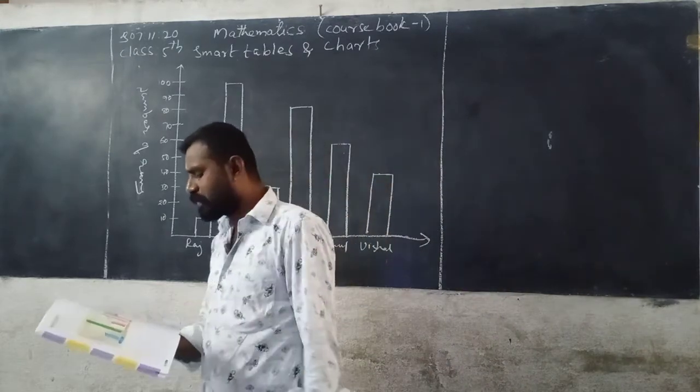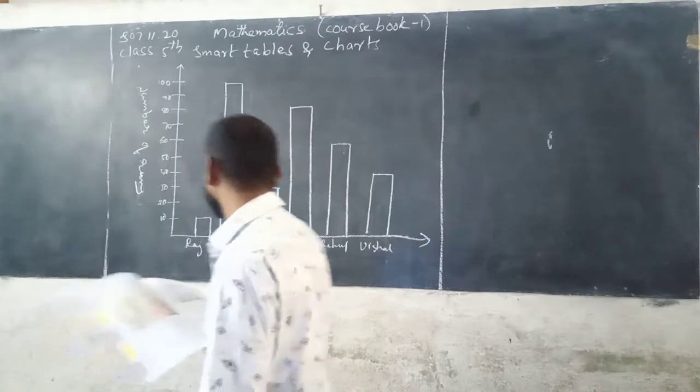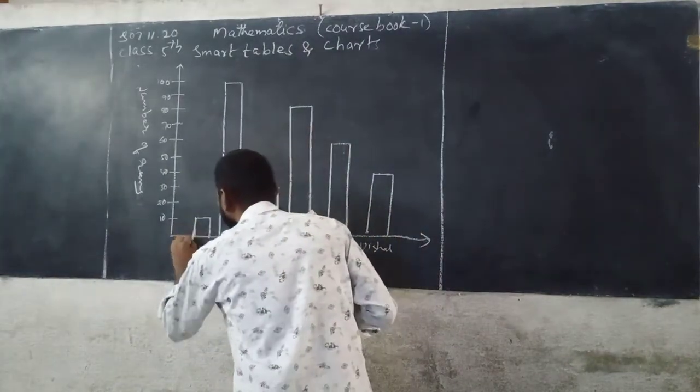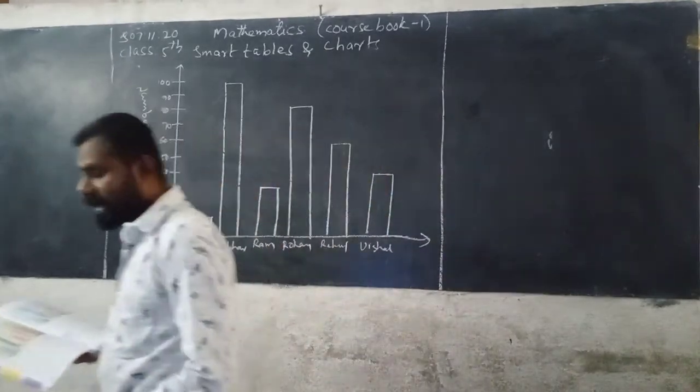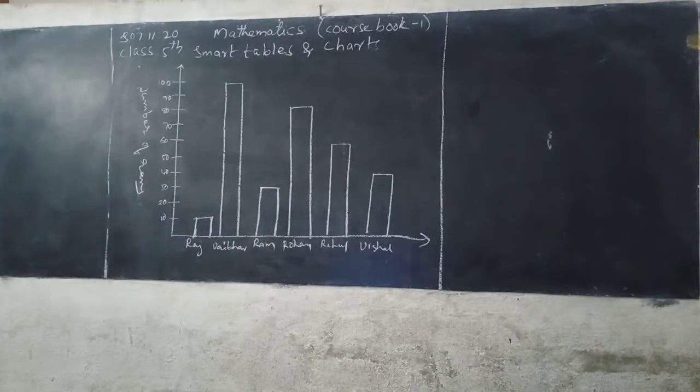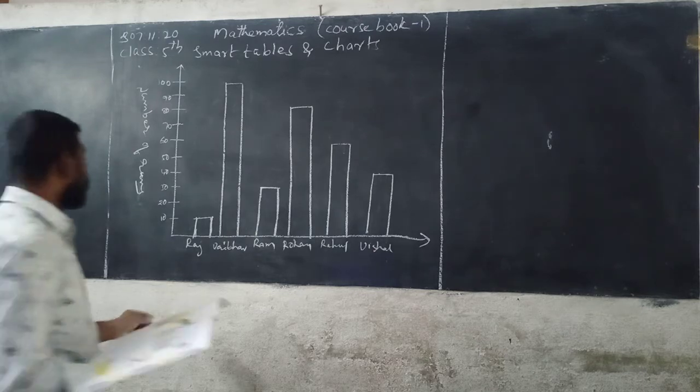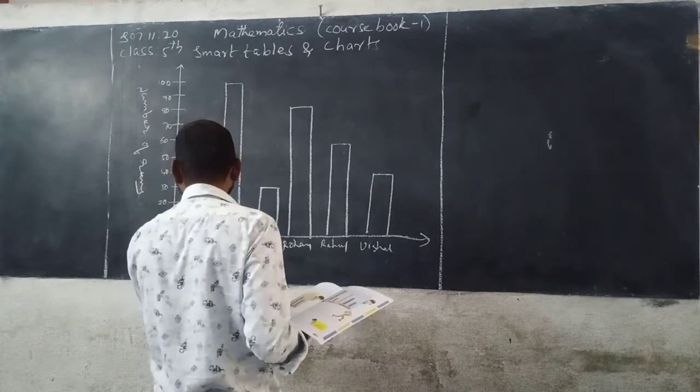See here, who scored the least number of runs? Raju scored the least number of runs, that is 10. Did you understand better? This is the least score in the match.